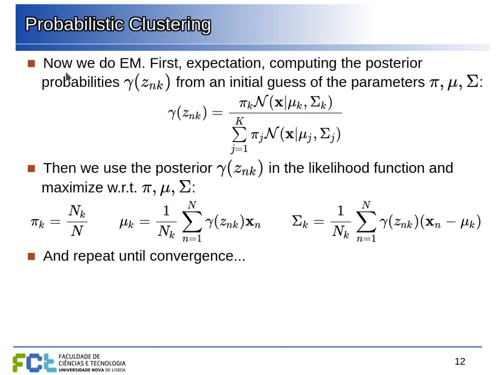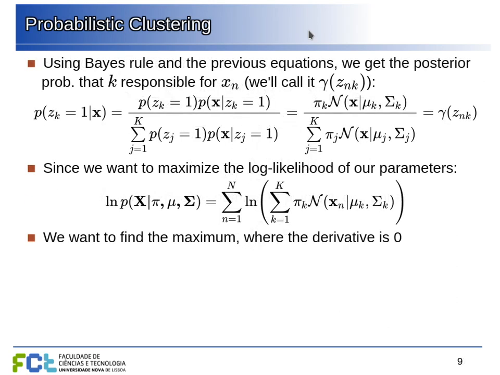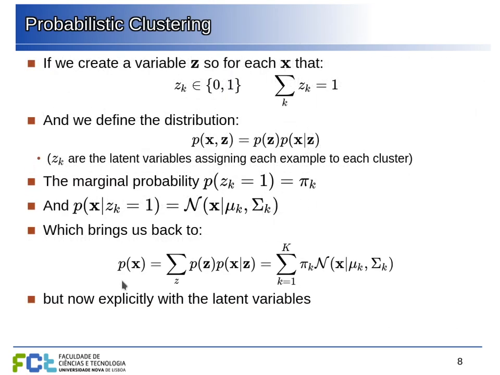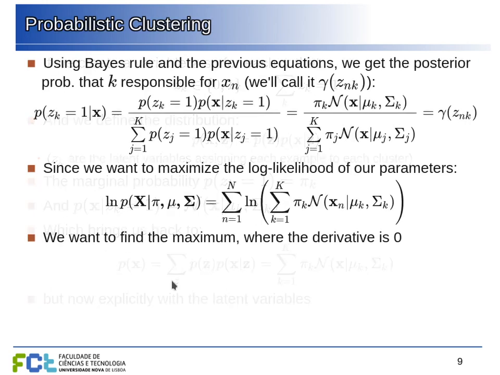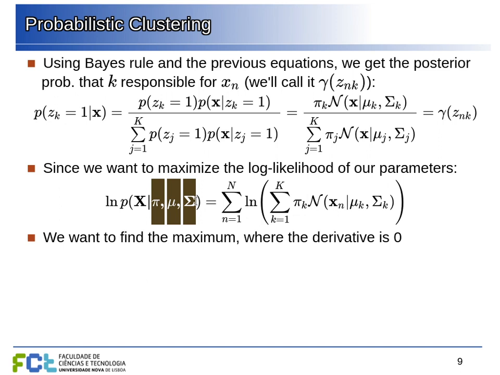First, we do the expectation part, where we use these probabilities to create the likelihood function. So note here that our likelihood function is the probability of the data being distributed in those coordinates given the parameters that we have.